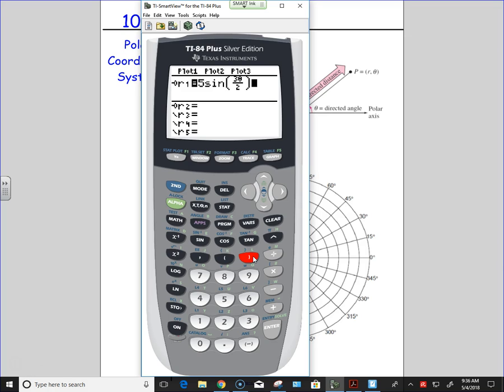Jacob, go ahead. If you guys can't do the fraction in the y equals, your inequals might be turned on. That would mess things up. Is that better?